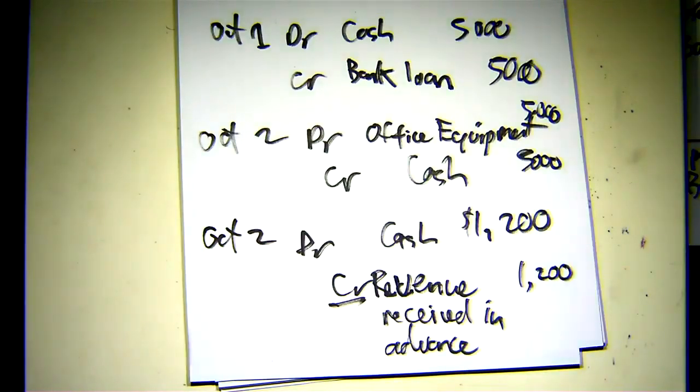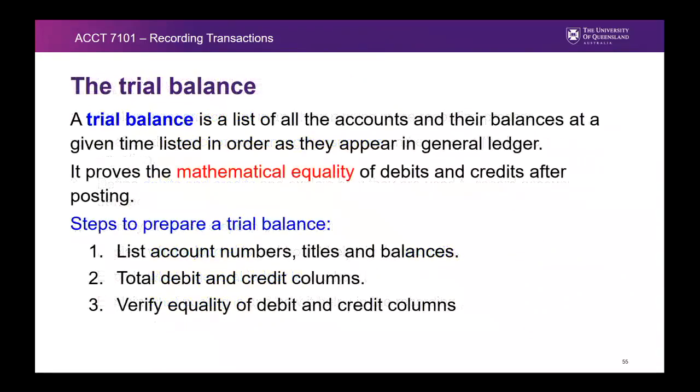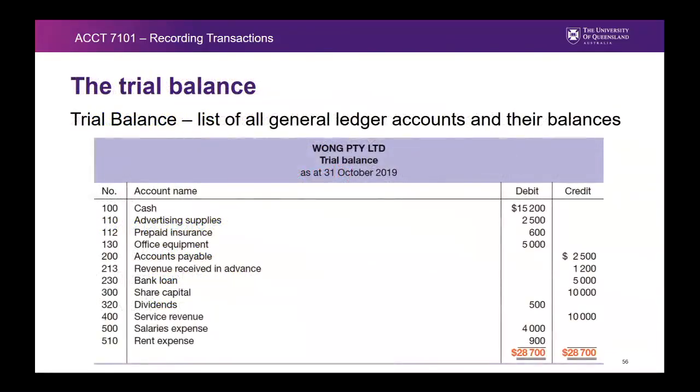So let's go back. So here we are, we're back at the trial balance. This is actually the end of quite a lengthy process. What we've done is that we started with our transactions, and then we recorded them, we understood them using our assets equals liabilities plus equity. We used debits and credits, and selected the account name and the amount.